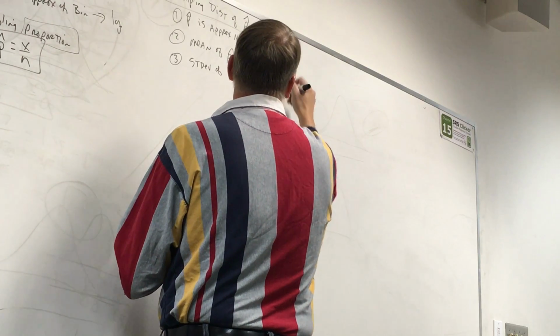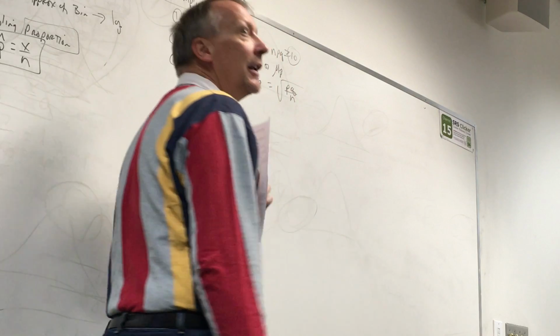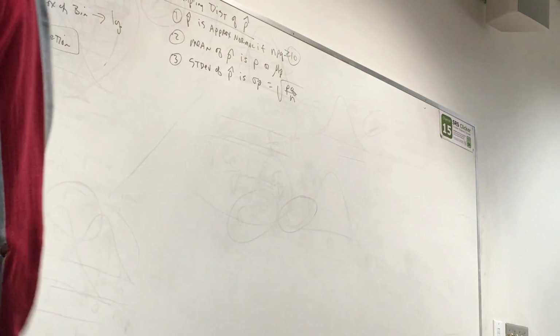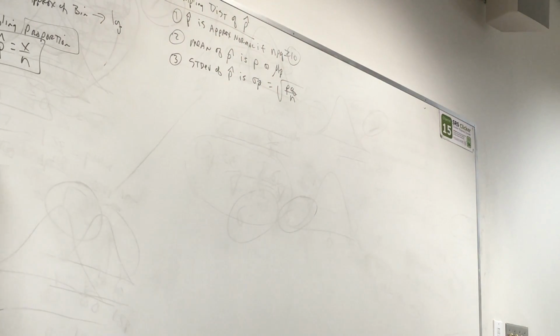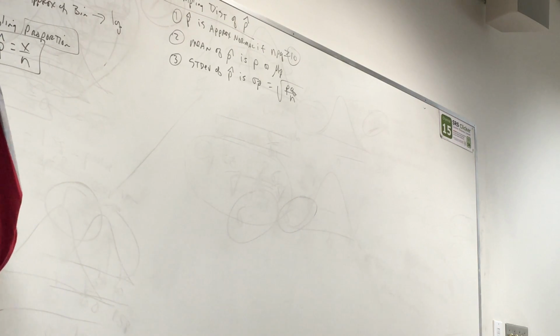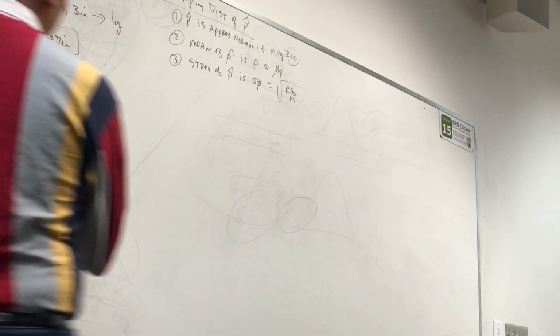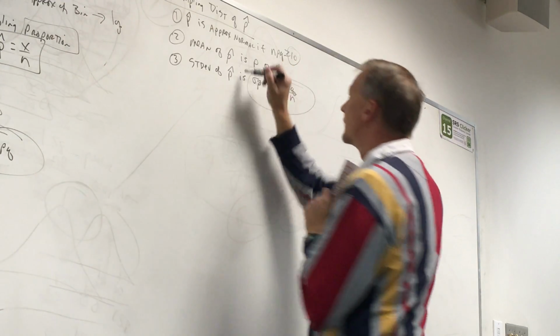And that equals the square root of pq over n. Now, just as a reminder, if you're using the normal approximation, what does the mean equal? That's just np, right? And what is the standard deviation equal? Square root of npq. What do you notice about those two formulas?